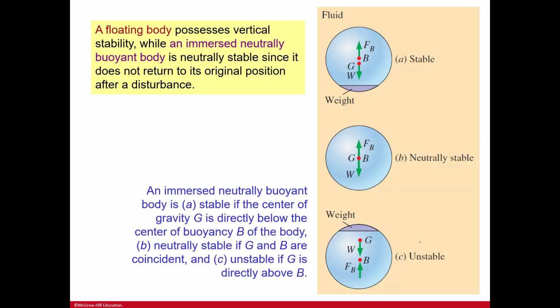Okay, and so here we have just the stability. A floating body possesses vertical stability, while an immersed, neutrally buoyant body is neutrally stable, since it does not return to its original position after disturbance. And then here, this is showing unstable.